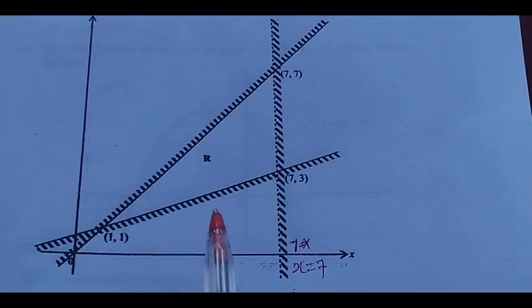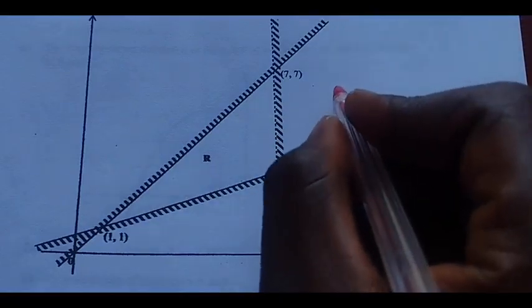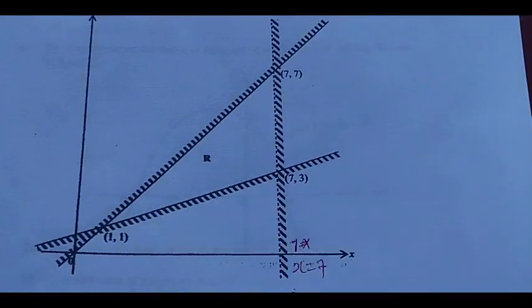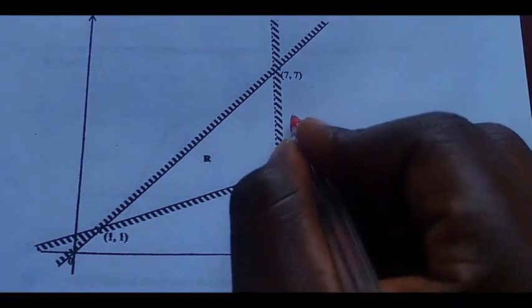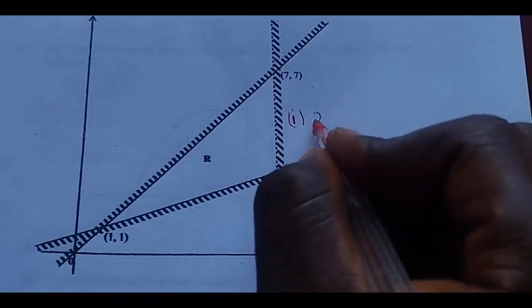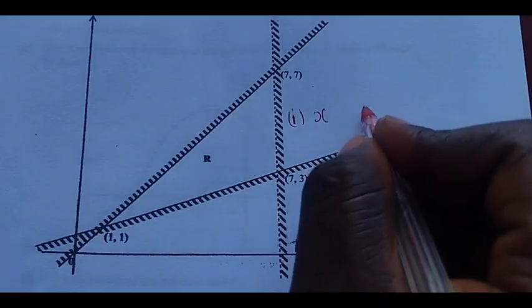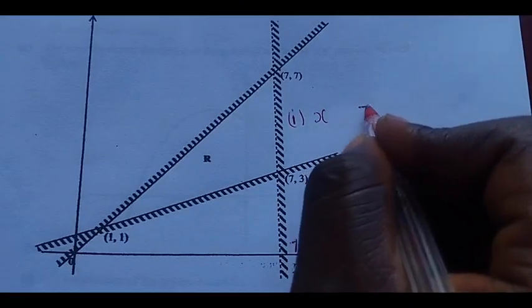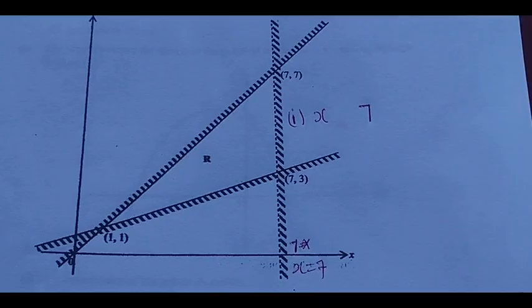Okay, so upon identifying that, we can come up with our first inequality for this line. We name it as line 1, where we write x, we leave space here, then we write 7. So let us see.